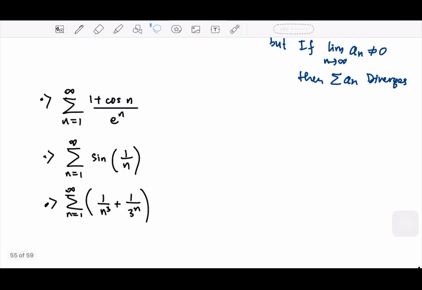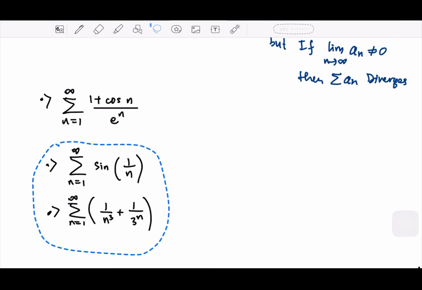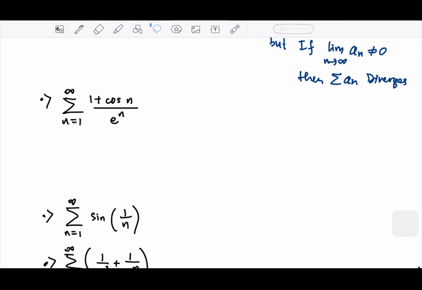Now the second question actually has 2 components. We can relate the series with 2 series.